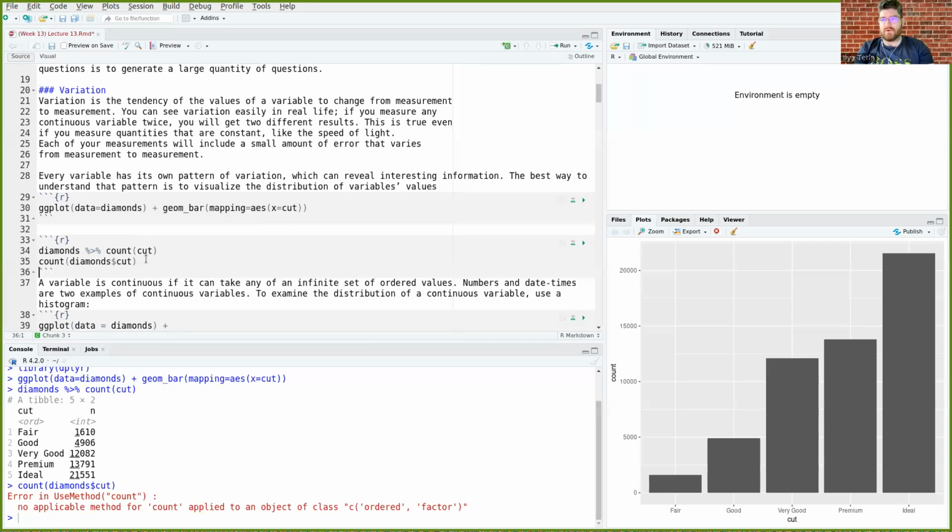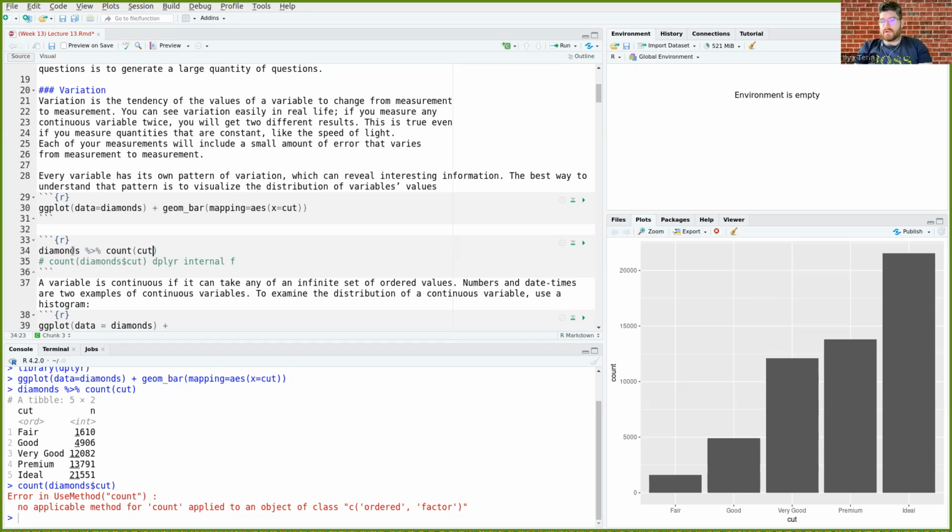Count is not. Oh yeah, it's internal to dplyr, so we cannot use this here. But the logic is the same. We place this diamonds data inside some kind of function.